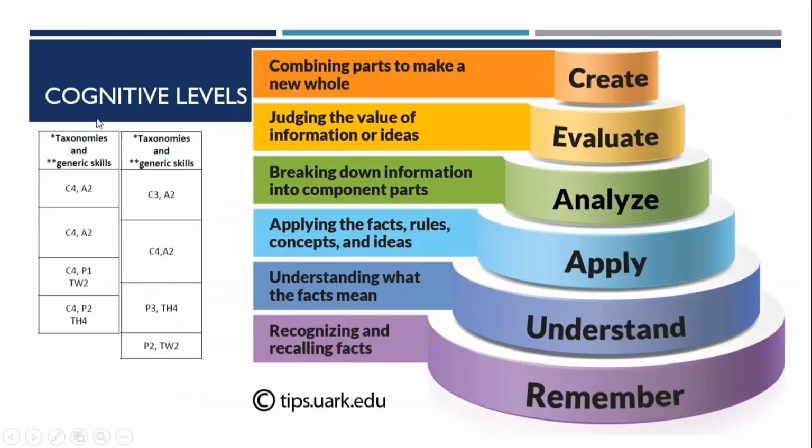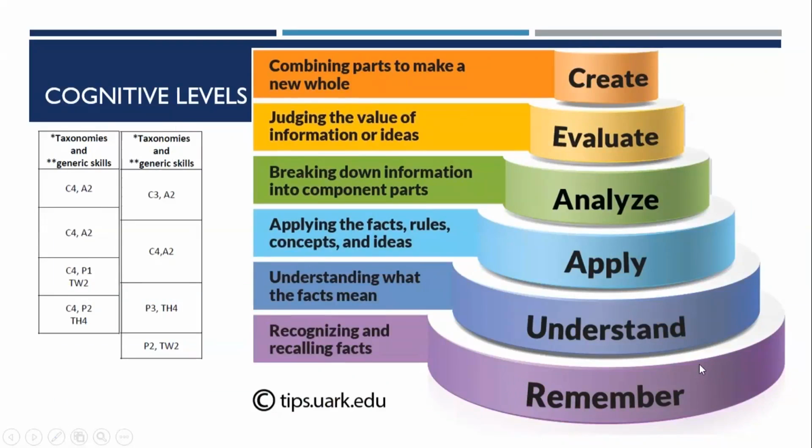When we talk about cognitive levels, if you notice in ComNet and ComNet Lab, the CLOs are C4, C4, C4. These are the cognitive levels, and we follow what we call Bloom's taxonomy. At the bottom here is the very basic, which is remember, C1, cognitive level 1.